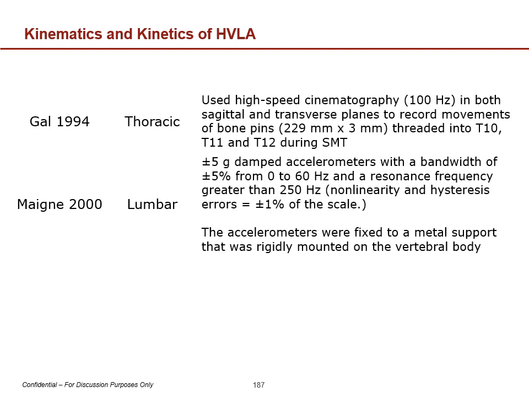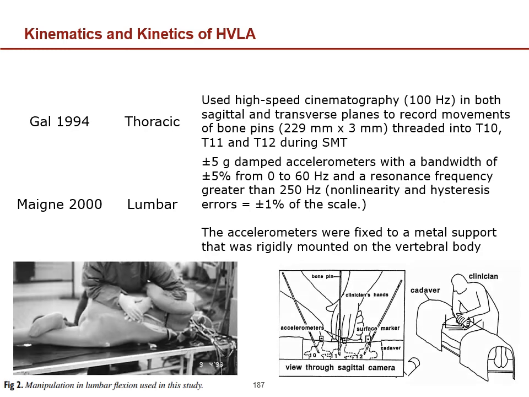This is for those of the audience who are quite familiar with the instrumentation of accelerometry and are able to discern the significance of this. The accelerometers were fixed to metal supports that were rigidly mounted to the vertebra, and again, both studies were obviously on cadavers.